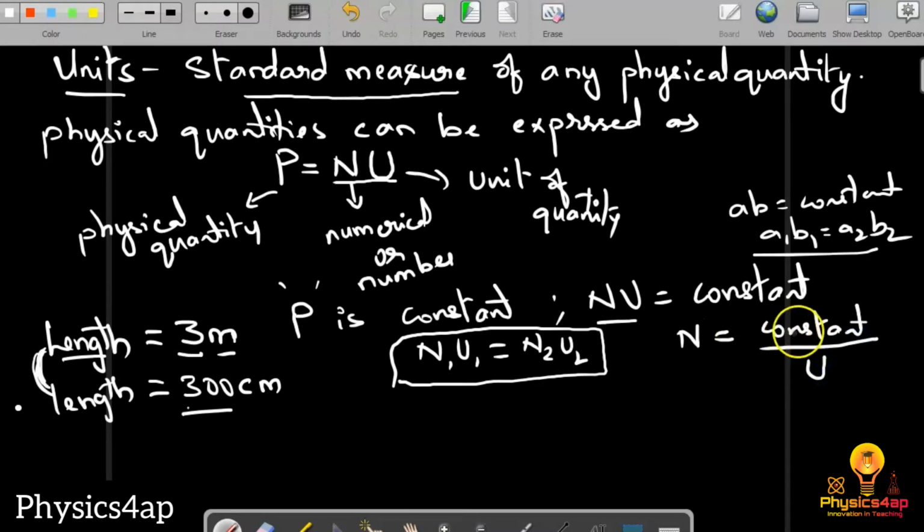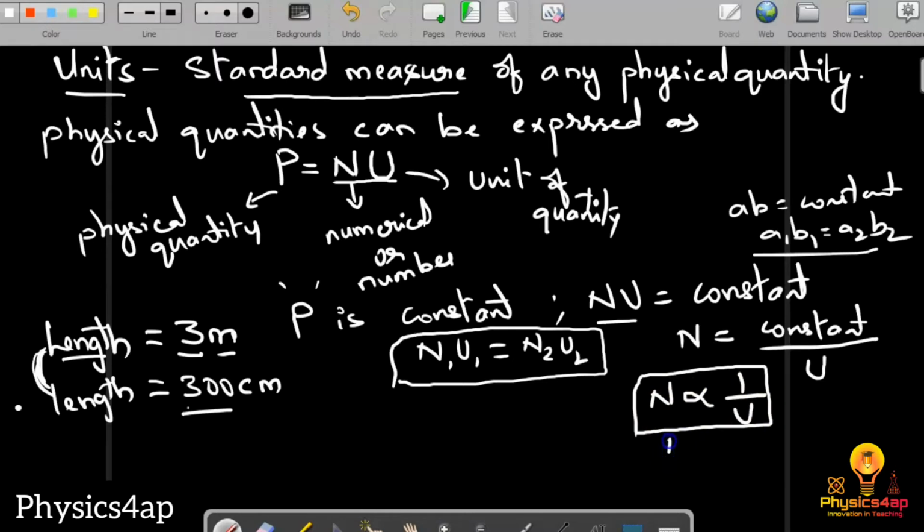Okay, so ఇక్కడ మనకు ప్రపోర్షనాలిటీ కాన్స్టెంట్ వస్తుంది. So we will get a proportionality constant that is n proportional to 1 by u. So this is another mathematical expression here. So n is proportional to 1 by u, or n is inversely proportional to u.